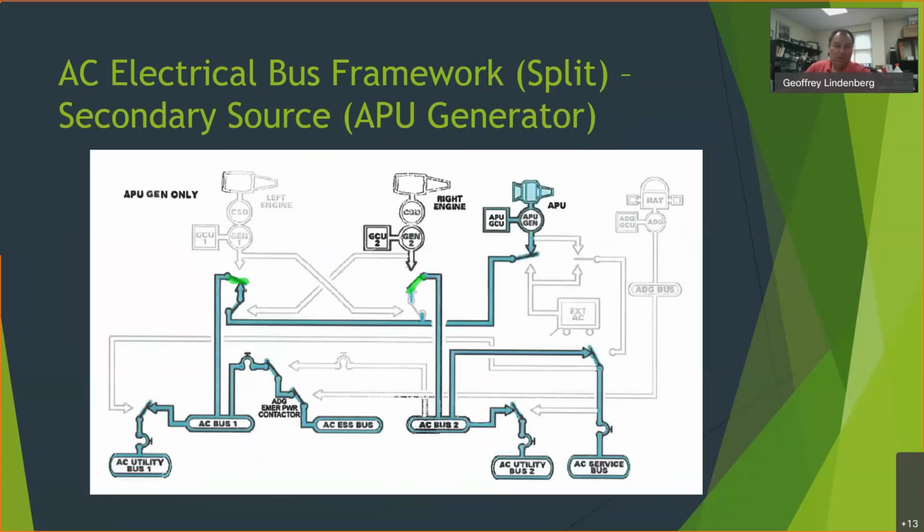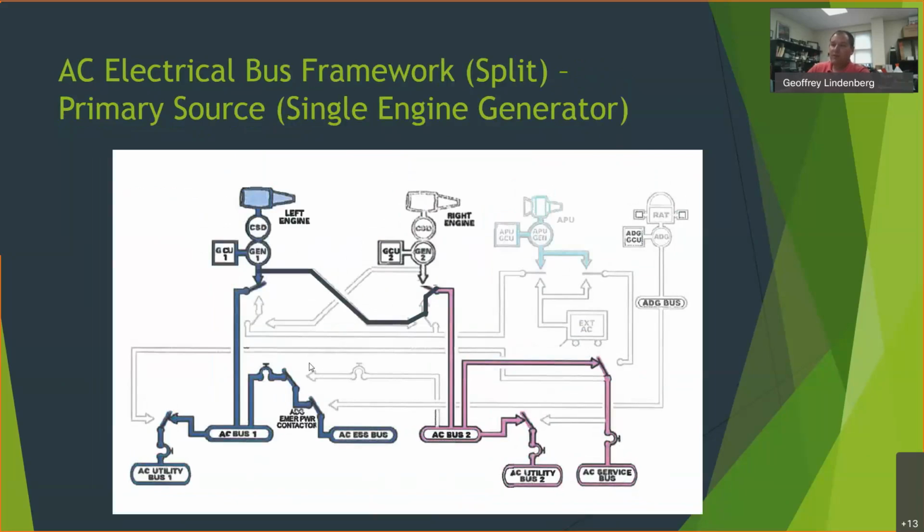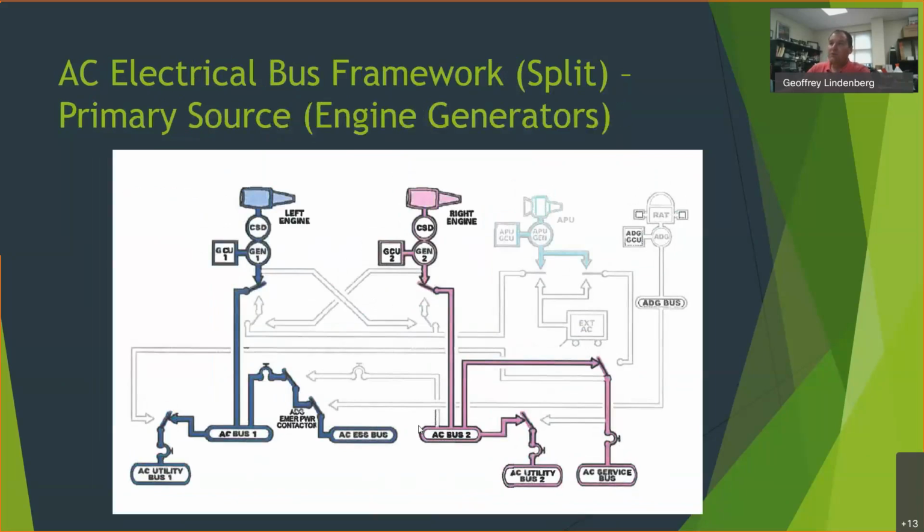And one item of note I do want to mention is that right now everything is sharing a common voltage, common frequency. It's all whatever the APU generator is putting out. That's also the case when we have a single generator. Right here, everything is sharing a common frequency, common voltage. One thing we do have when we're on our primary sources like this, your left generator, your number 1 system, is going to be running at a certain voltage and frequency, typically right around 120 volts, 400 hertz.